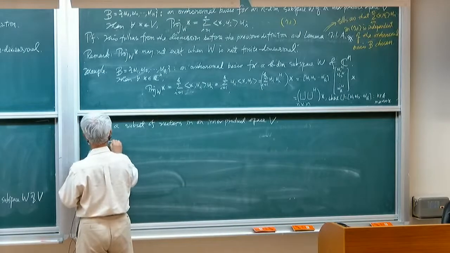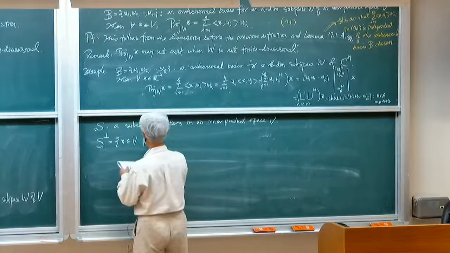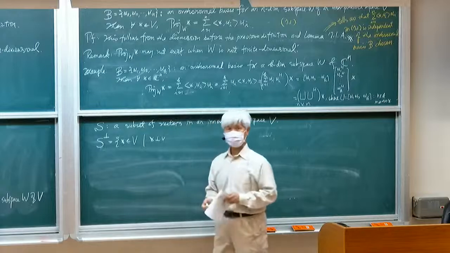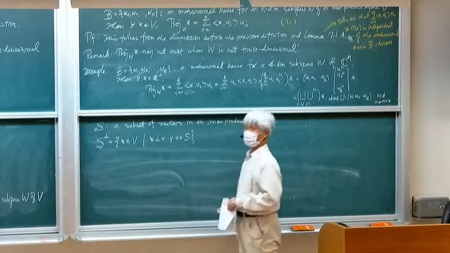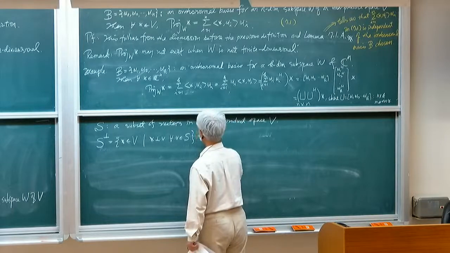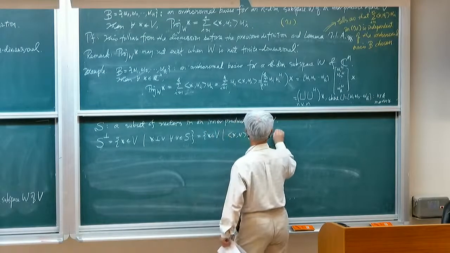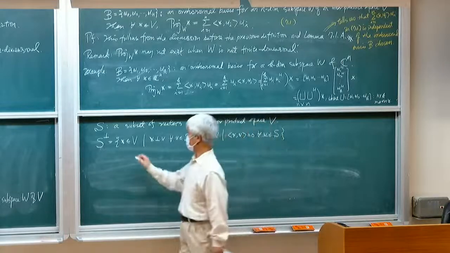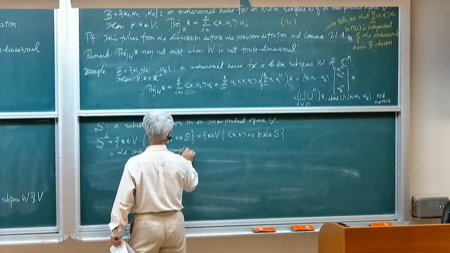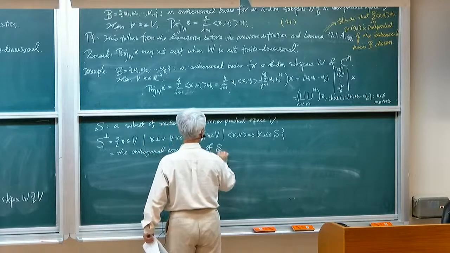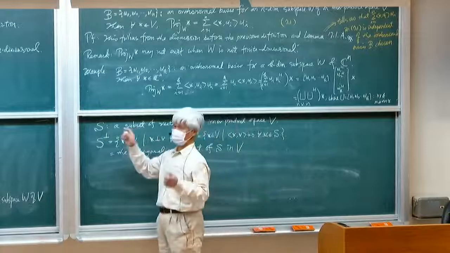And we define this set to be all the vectors x in V such that x is orthogonal to v for all v in S. And this is called the orthogonal complement of S in V. So you are given a set of vectors.